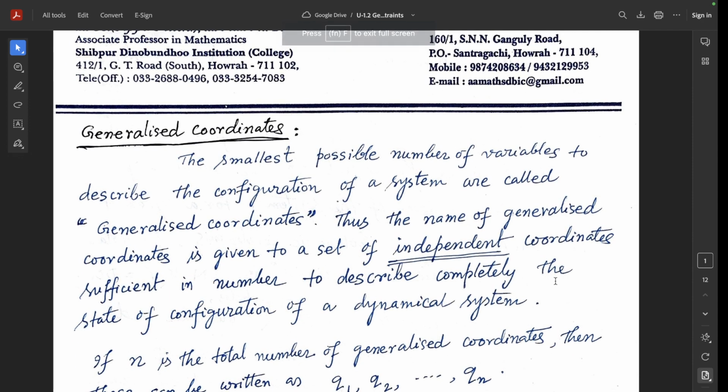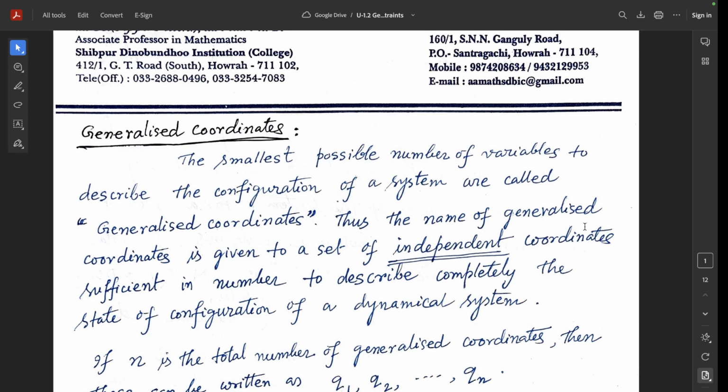First, we discuss generalized coordinates. The smallest possible number of variables to describe the configuration of a system are called generalized coordinates.